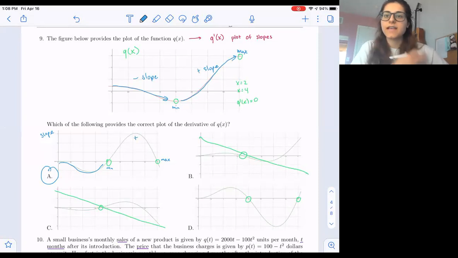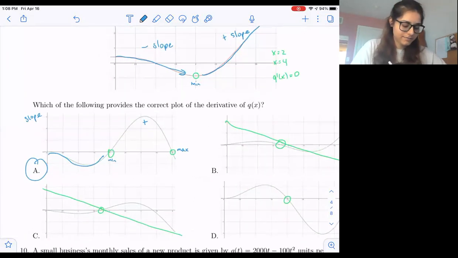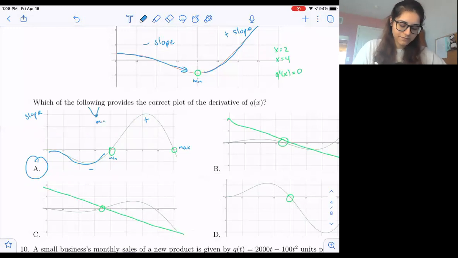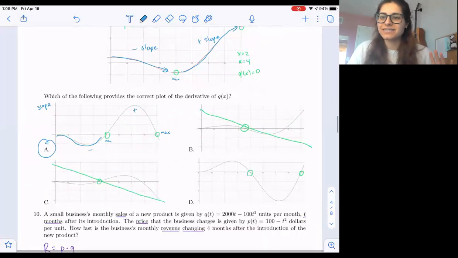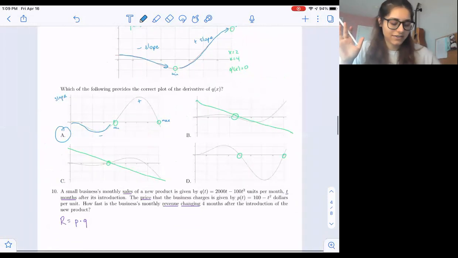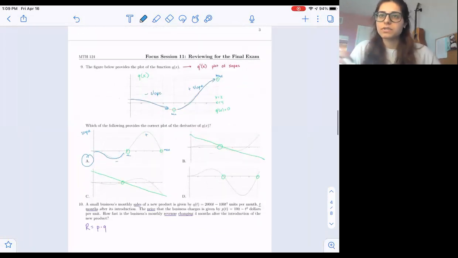So that's what separates A from D. And again, remember that when we have negative to positive, that's a minimum. When we have positive to negative, that's a maximum. So that lines up as well. All right, so that one is definitely not the easiest. I know it takes a while to wrap your head around it, but just review that one too.